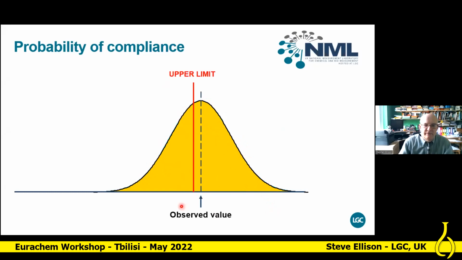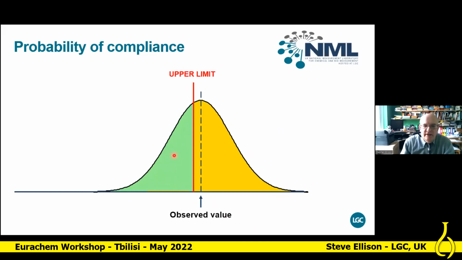So we've got an observed value of, let's say, 10.2. Anything between, let's say, 9 and 11 is reasonable for the actual amount in the material. And obviously our upper limit would be perhaps at 10. The important part of that is that if this is a distribution of possible true values, quite a lot of this distribution is below the upper limit.